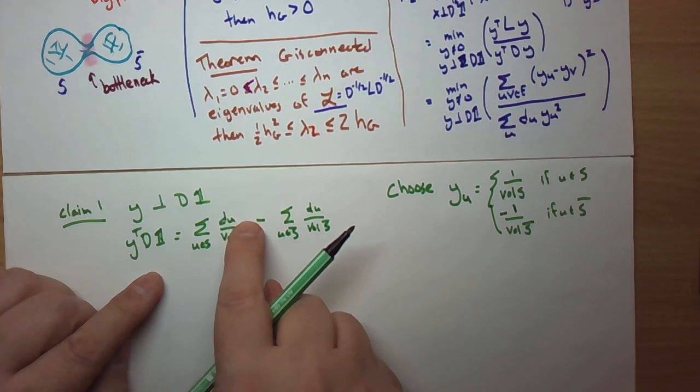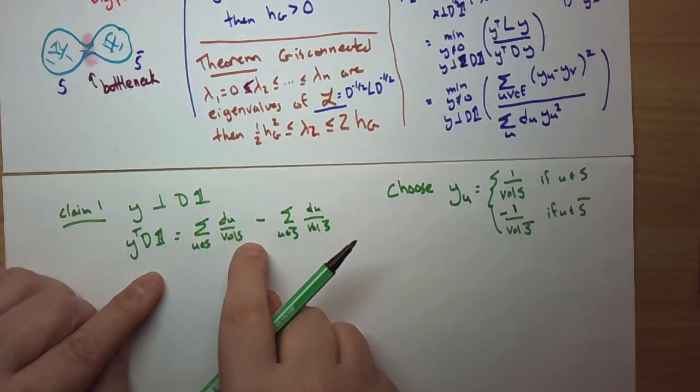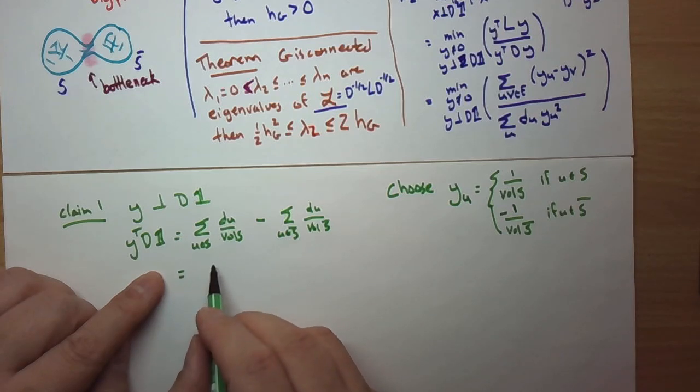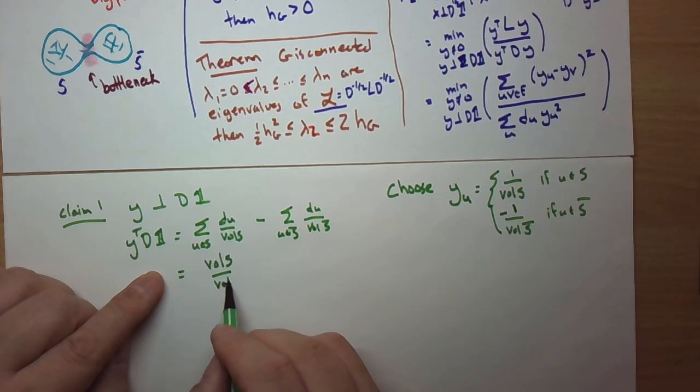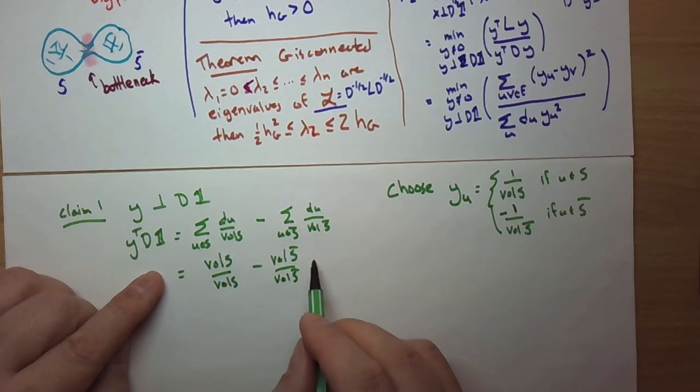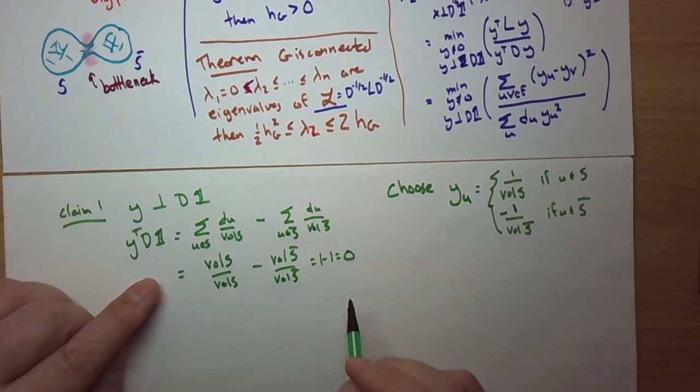But if I add the degrees in S, what am I really doing? The sum of the degrees is the volume. One minus 1, which is 0.